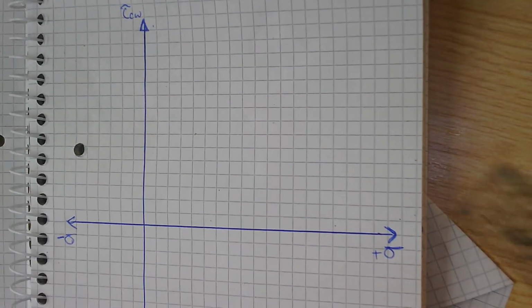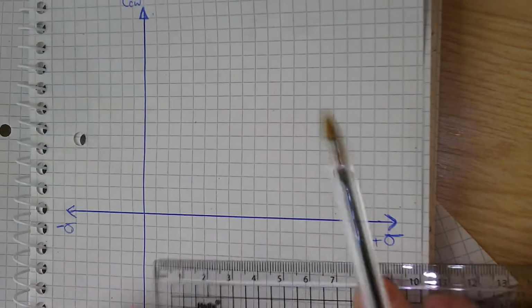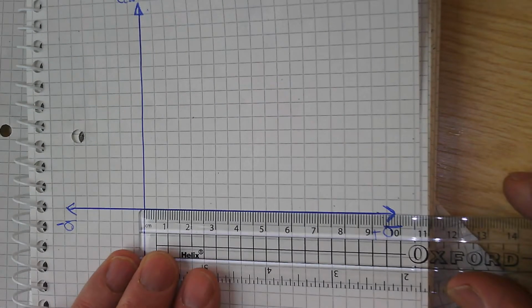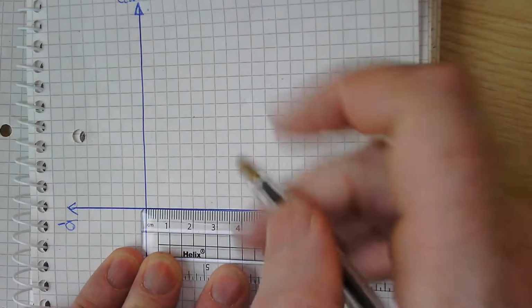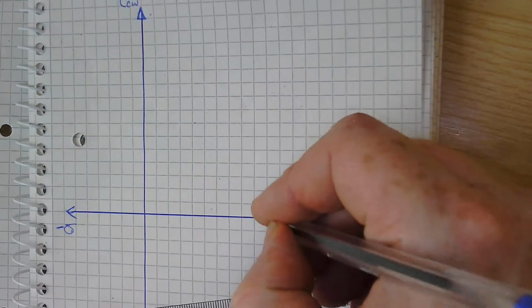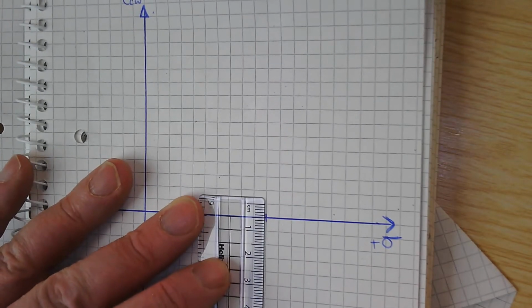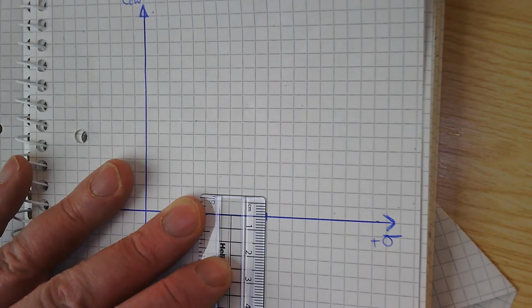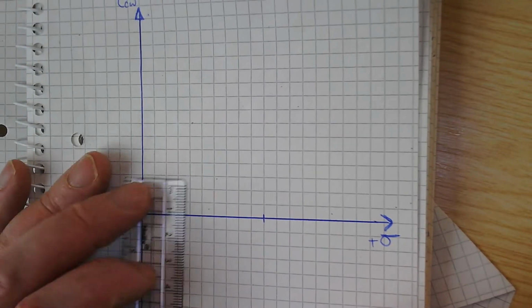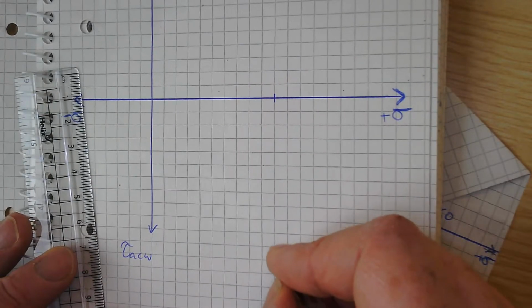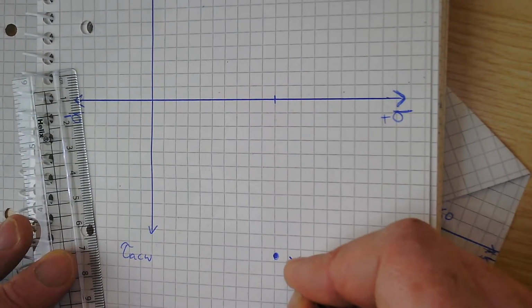Okay, so my two points then, I want to go out 100 and down 125. So I'll go, say, 50 millimeters here. That's 100. And then down 125 would be 62.5 down here. Okay, so that's my X point. That's my X down here.